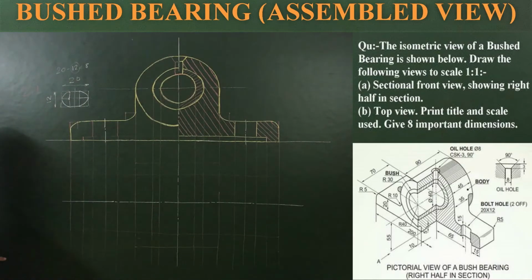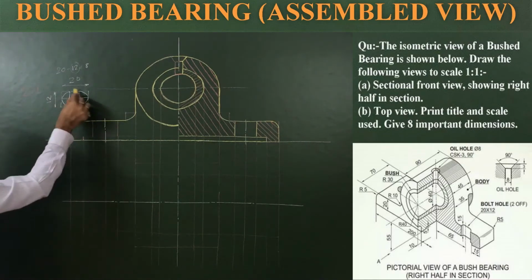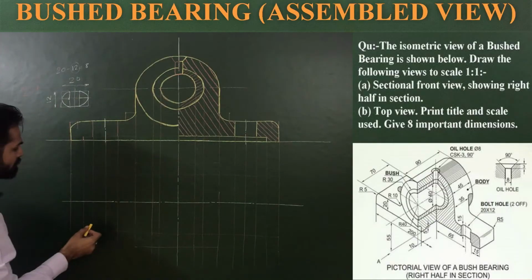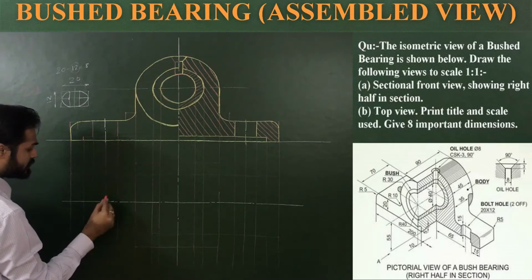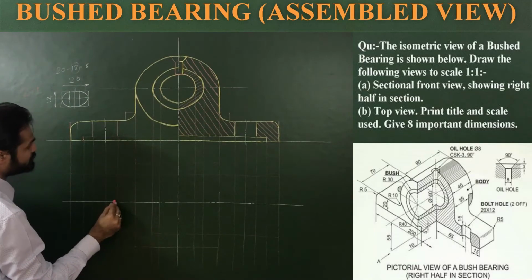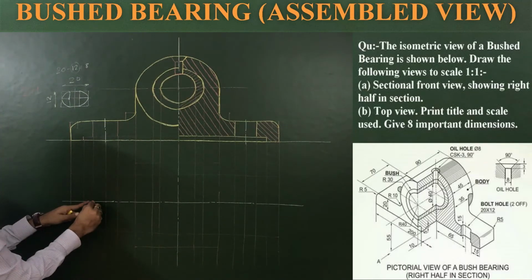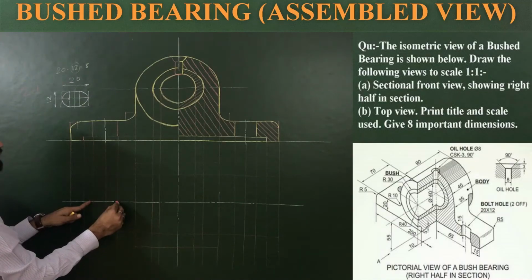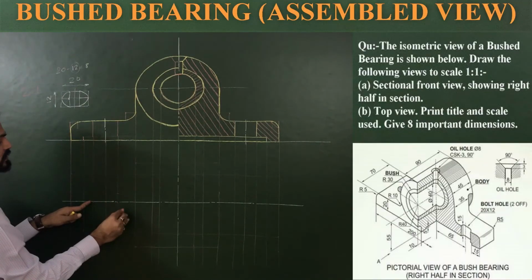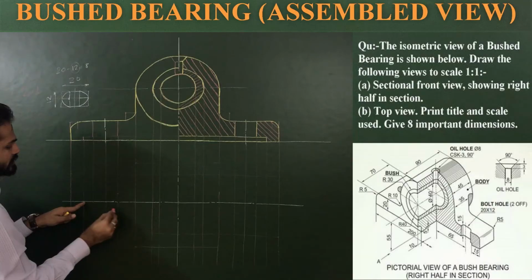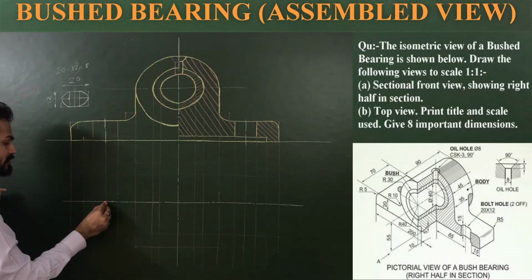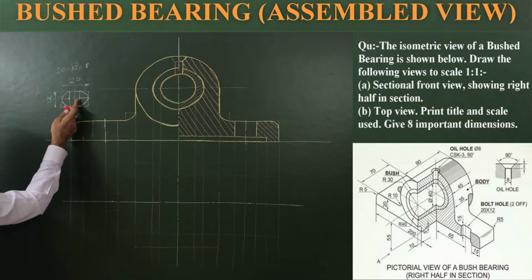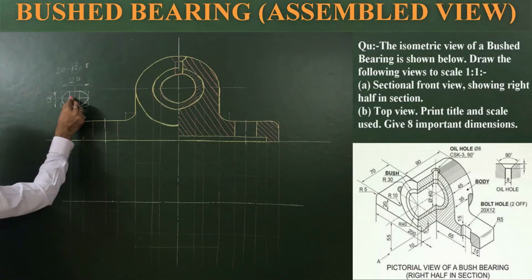Here we know that this part is dark and visible, so we can start from this point. First of all, along this line we have two extreme limits for 20. So mark 6 up, 6 down, 6 up, 6 down, like this. And then from the center the total is 8, so from the central point, 4 and 4.